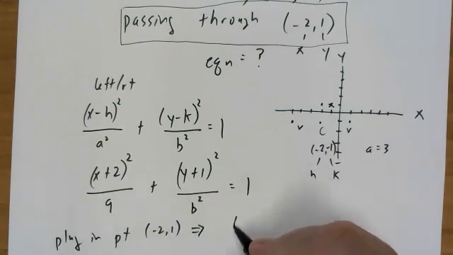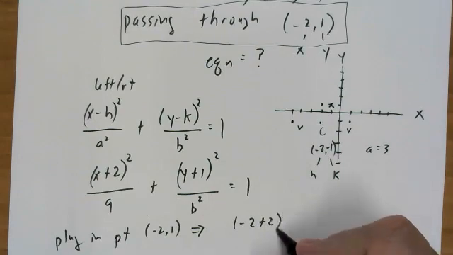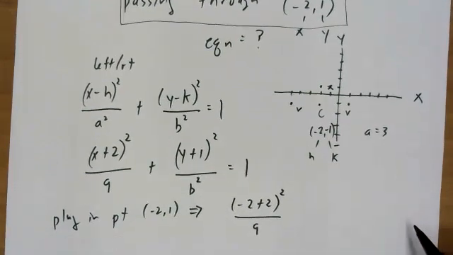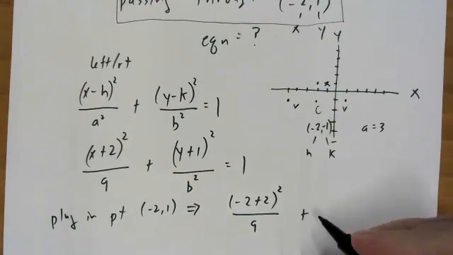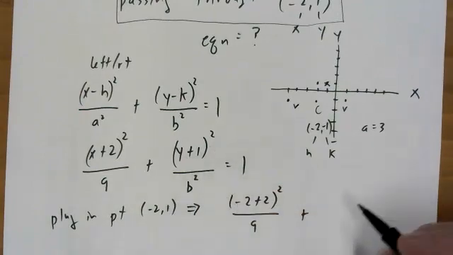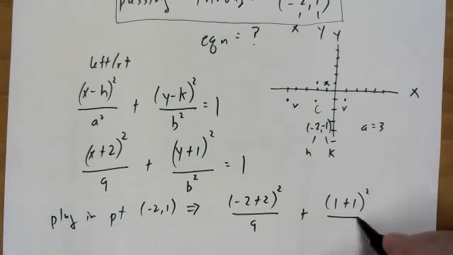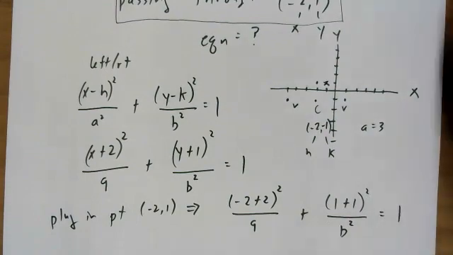So you have (-2 + 2) squared over 9 plus (1 + 1) squared over b squared equals 1.